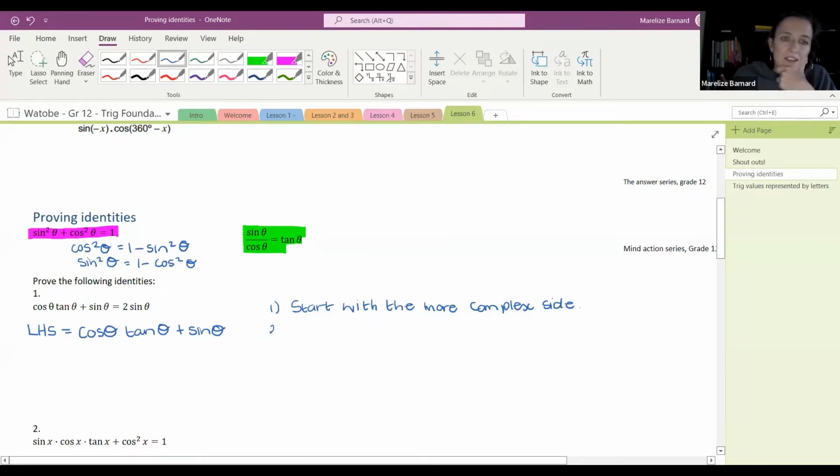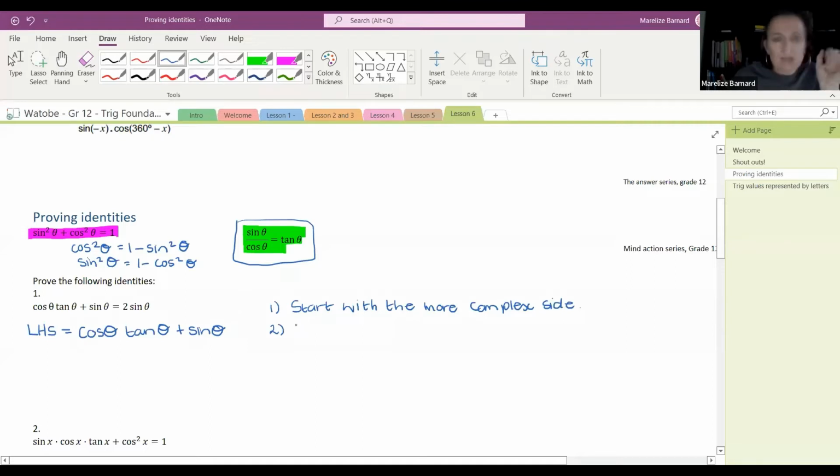Okay, so my second tip for doing identities is to always get everything in terms of sine and cos. So where there's a tan, replace it with our tan identity, which is this one here.